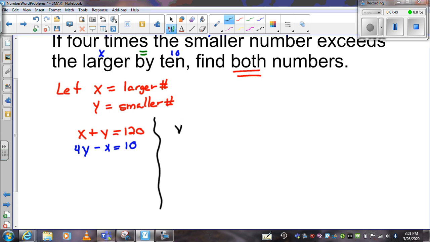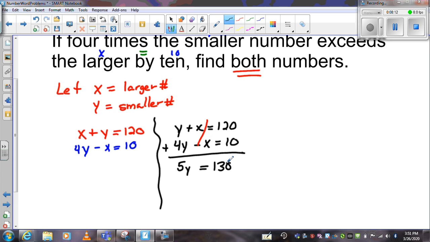So I'm going to switch this and make this y plus x equals 120. And I'm going to leave this as 4y minus x equals 10. And I'm going to use my addition method. So when I do that, these two cancel, and I have 5y is equal to 130.